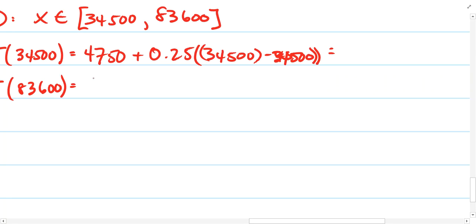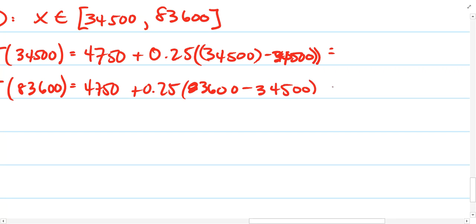And in our upper boundary, we've got 4750 plus 0.25 times 83,600 minus 34,500. And again, we're going to let the calculator do the math for us. And it looks like we get 4750 here because of the zeros. And we get 17,025 for this result here.